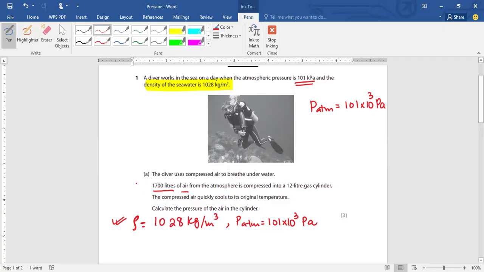One volume is given here, another volume is given here. So V1 is going to be 1700 liters, and V2 is going to be, why is it not working?